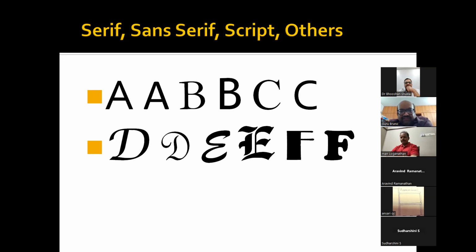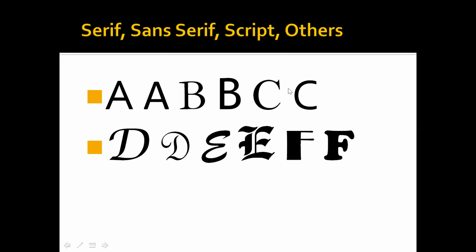So first, coming to the fonts, we have got two types of fonts. Okay. One is called serif font and the other is called sans serif font. Okay. So what is serif is, you see this font, there is the small tail, which you are seeing here.